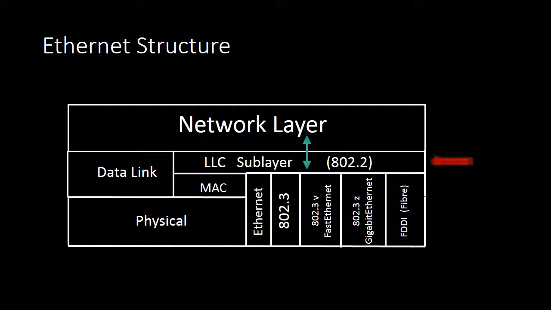The LLC sublayer acts as a buffer to the upper layers. It is implemented in software and can be seen as the driver software for the NIC. The MAC sublayer defines the media access process performed by the hardware. Using two sublayers allows one type of frame to have access to different types of media.